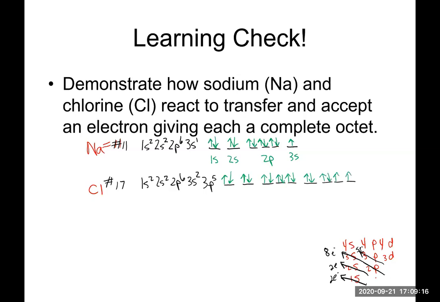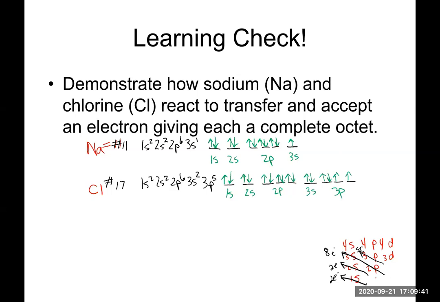So we put 1 electron in each of those 3 p orbitals, and then we back up and put 1 more electron so that there's a single orbital that's paired. And now we want to look at these. So this is 1s, this is 2s, this is 2p, this is 3s, and this is 3p down here.